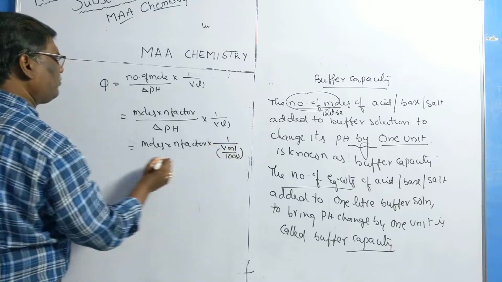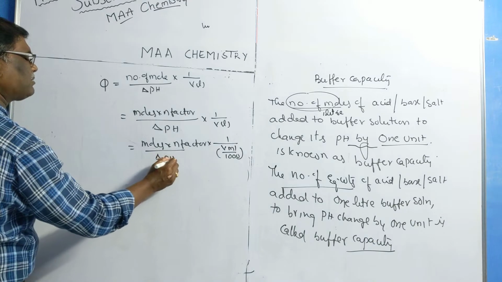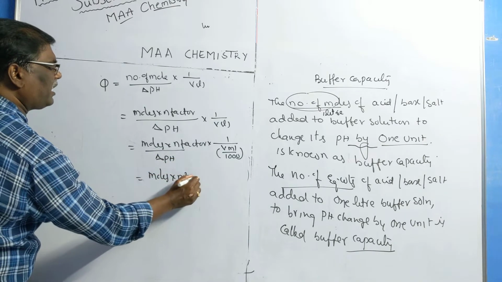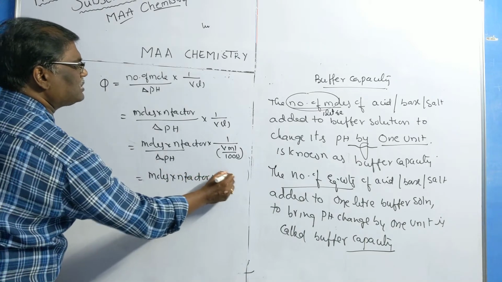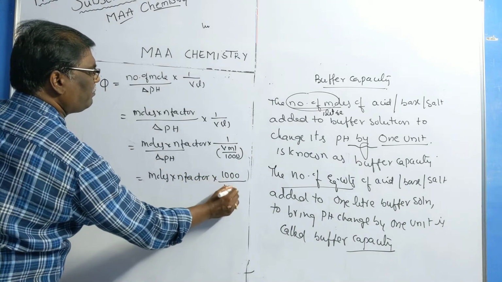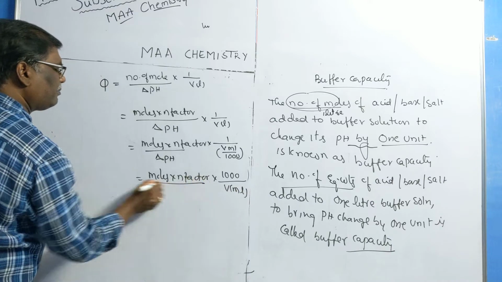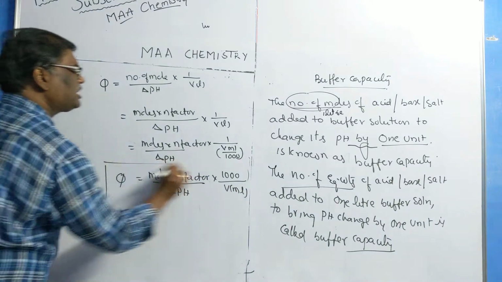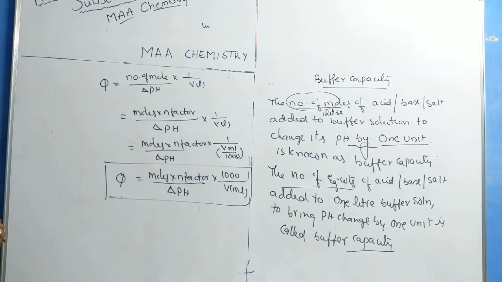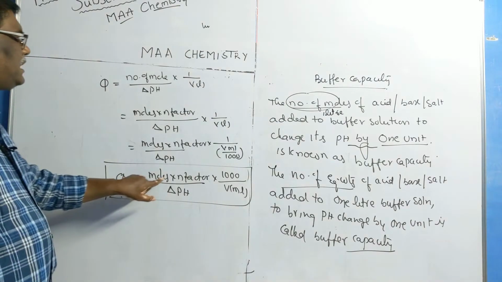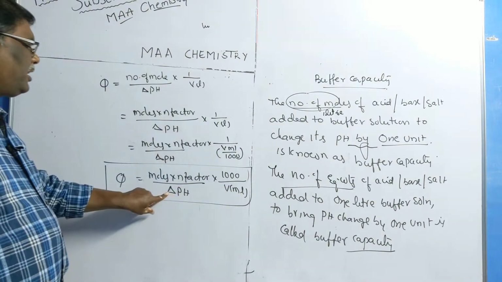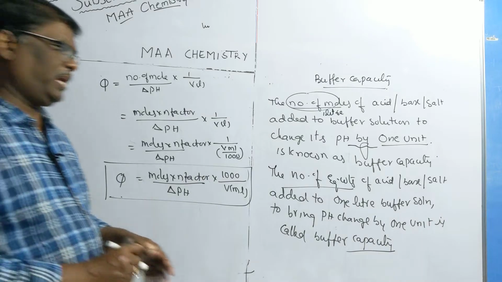On simplification, the better formula to calculate buffer capacity is moles into n factor into 1000 by volume taken in milliliters into change in pH.